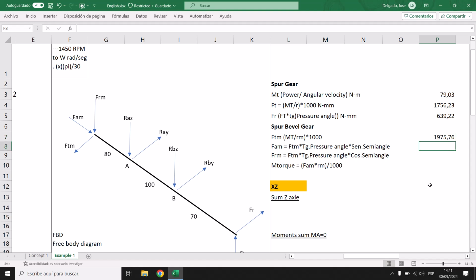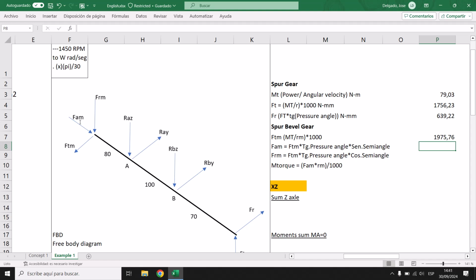So now, we also want our actual load here.